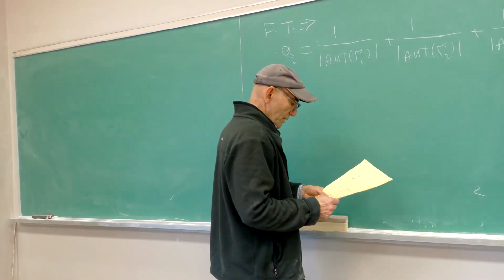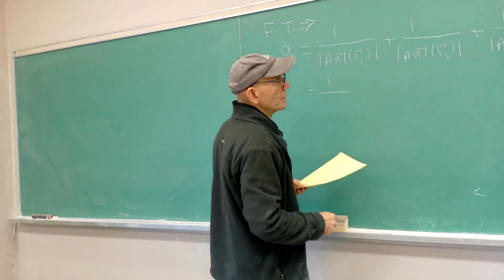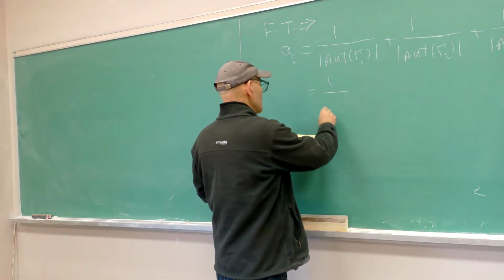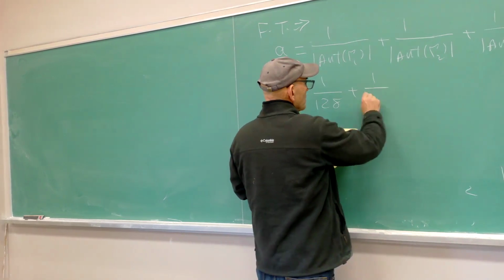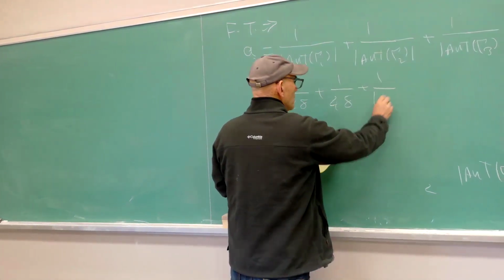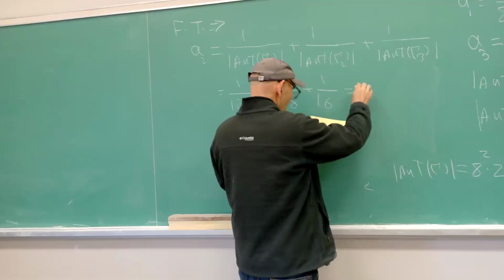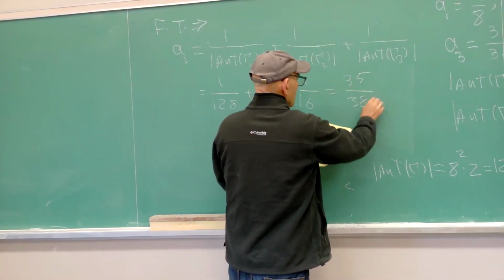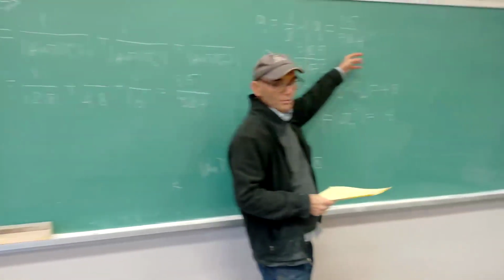Okay, so then this is equal to 1 over 128, I believe so, yeah, 128, plus 1 over 48, plus 1 over 16. And you calculate that, you get 35 over 384, which is what we have here from the other one.